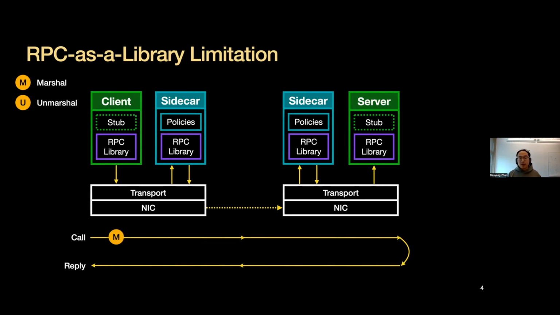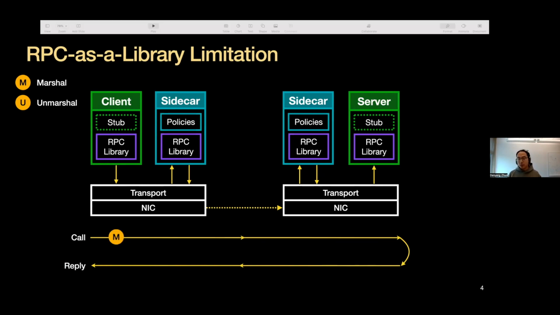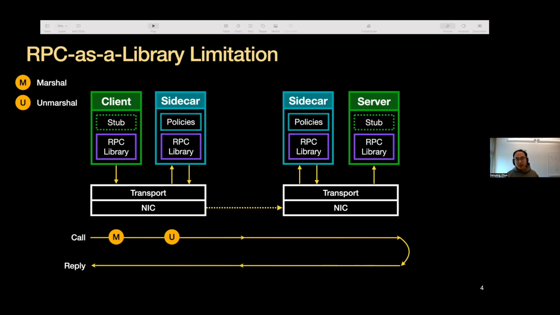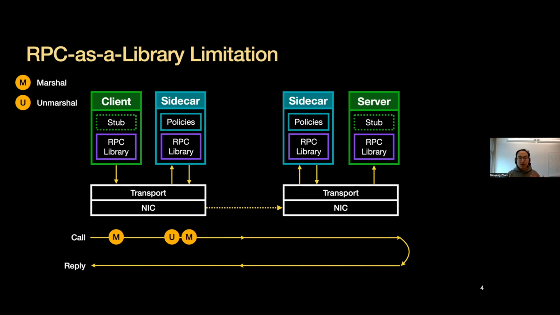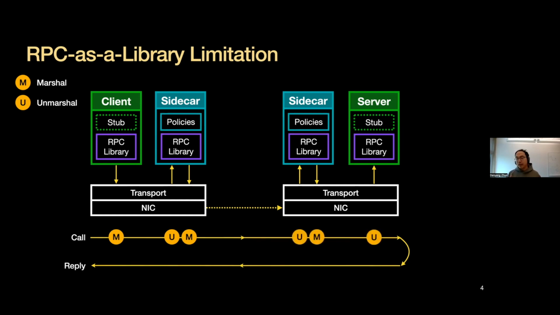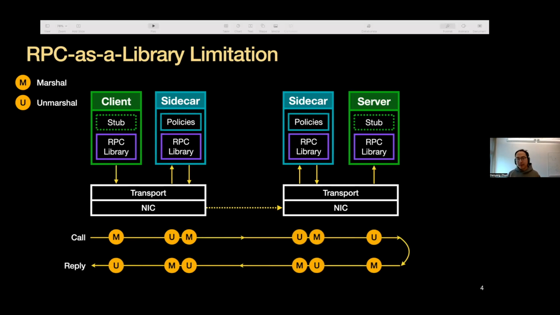On the client side, you need to marshal the request into some buffer, and then the sidecar basically needs to implement certain policy, and it has to unmarshal the message back into its original format, for example, HTTP or RPC, and then maybe you need to modify some part of it, and you need to marshal it again. And on the receiver side, you also need to do unmarshalling, apply some policy, then marshalling, and then deliver it to the RPC server. And on the way back, you also need to do this kind of marshalling and unmarshalling.